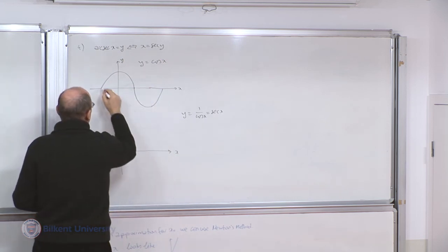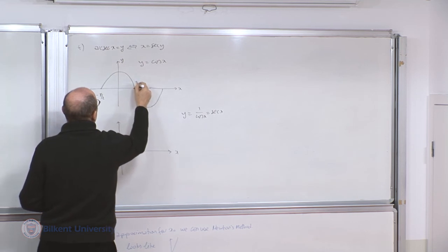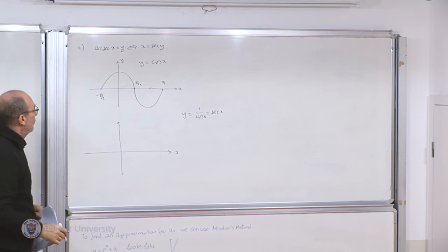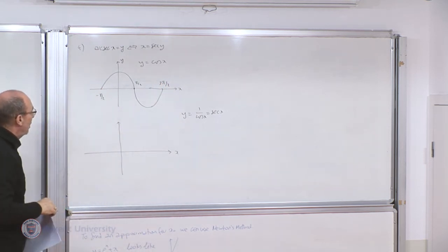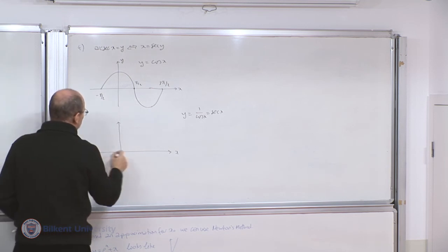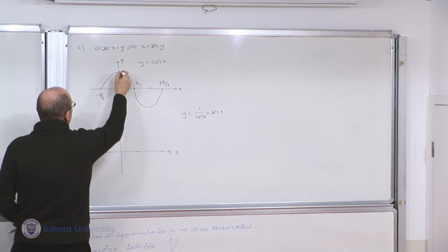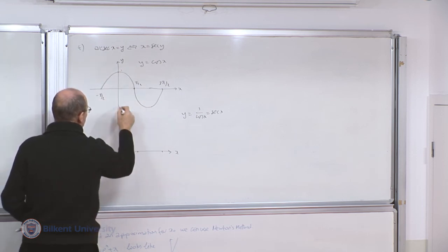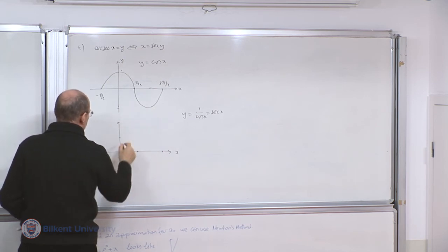So at these points, this is minus pi over 2, pi over 2, and this is 3 pi over 2. At those points, the function will be infinite. This is 1, so here I have 1, and this is minus 1, so here I have minus 1, plus 1.